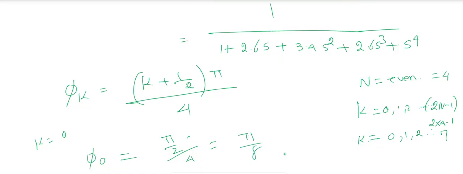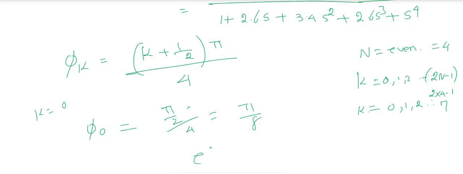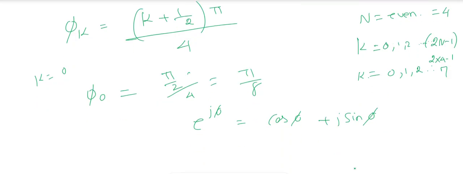How do you represent the angle? e power j phi is written as cos phi plus j sin phi, and we write this as the poles. So phi is pi by 8. What is the angle in degrees? Pi by 8 is 22.5 degrees.